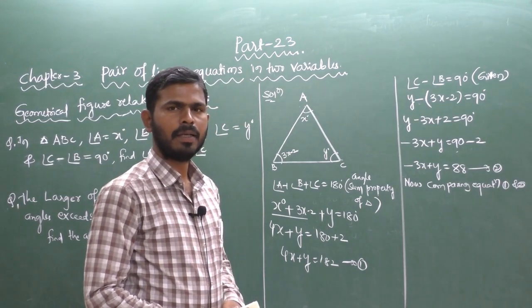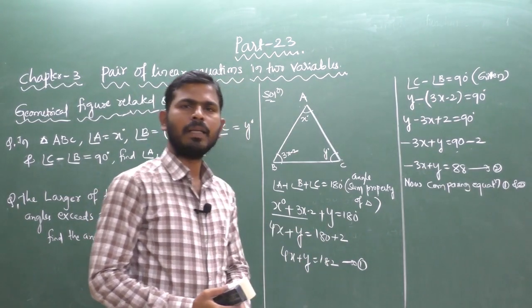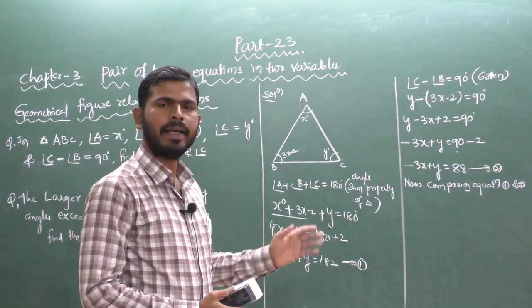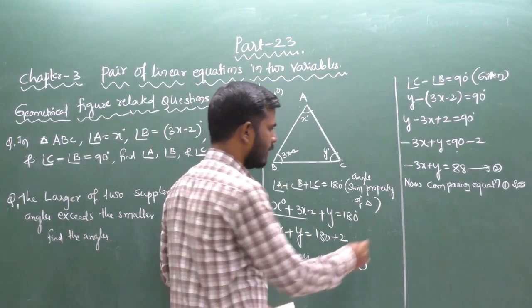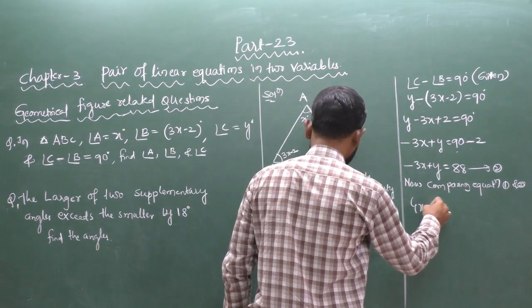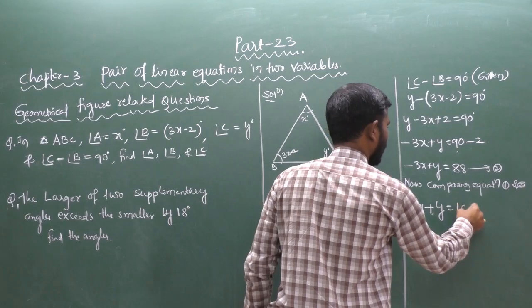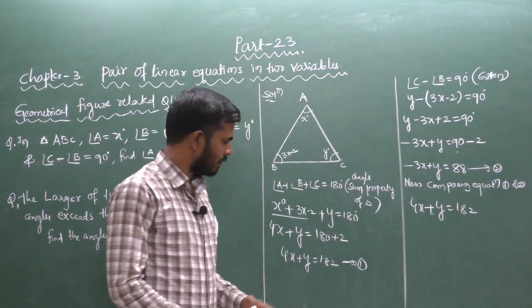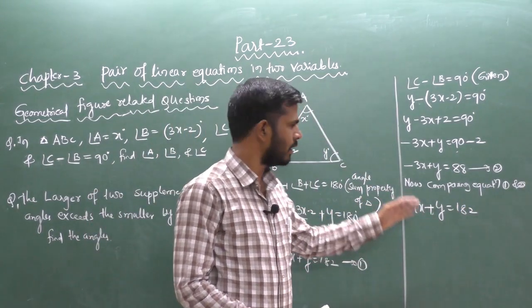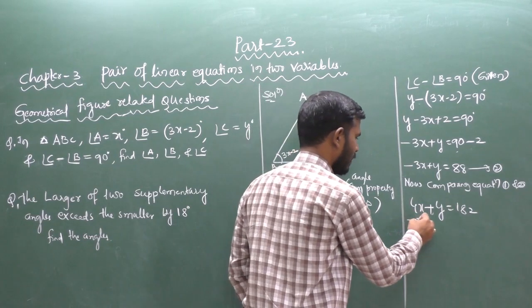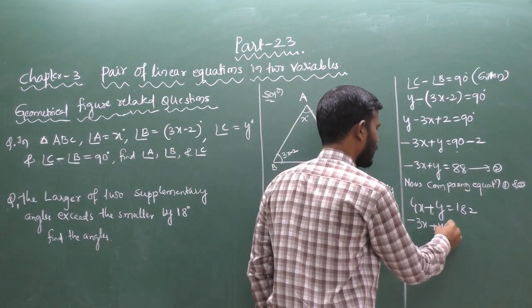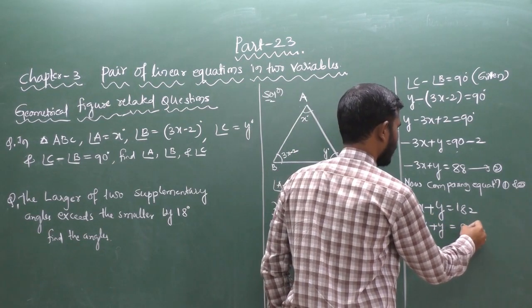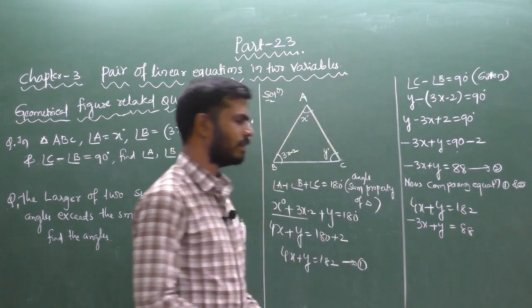Now you can use the elimination method, where we will find the x and y values. Let us see here. This one is 4x plus y equal to 182. First equation you write here. The second equation is minus 3x plus y equal to 88.